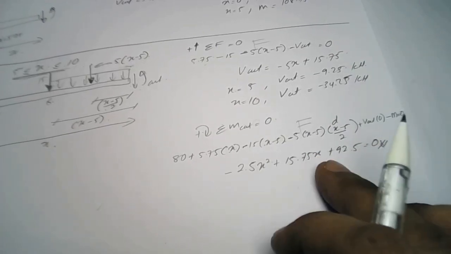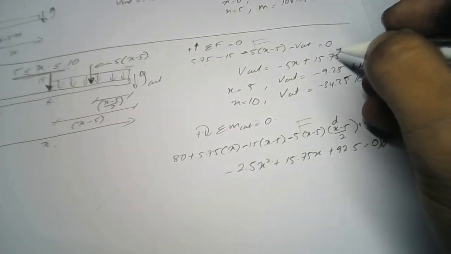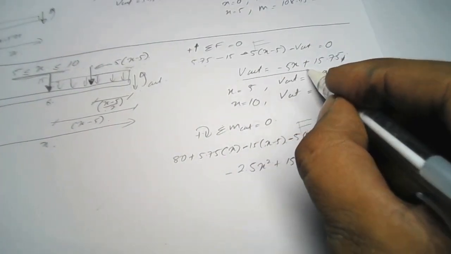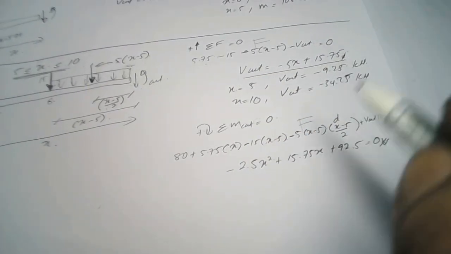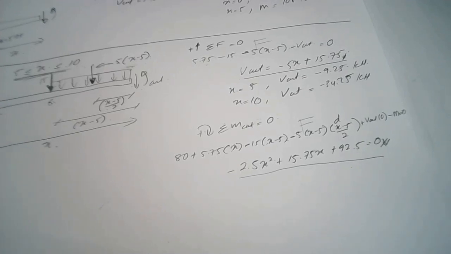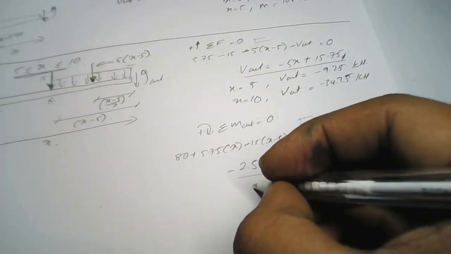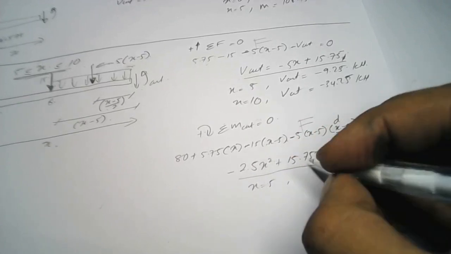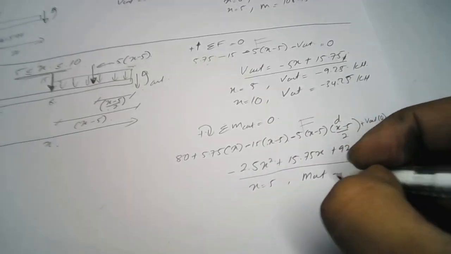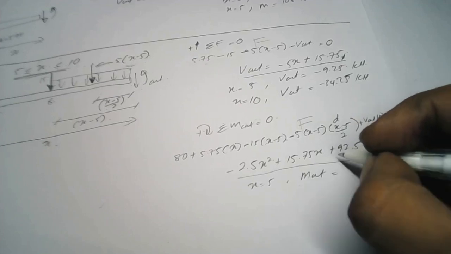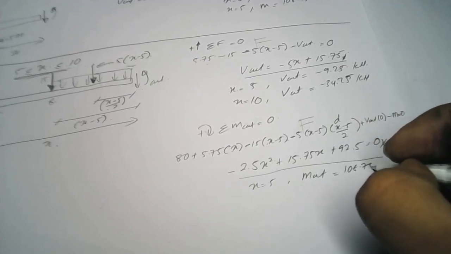All right, quadratic equation. Just now we got a linear equation for our shear stress, shear force. This one, for the moment, we got a quadratic equation. All right, let's say the x value is 5, you will get the m cut equal to 108.75.